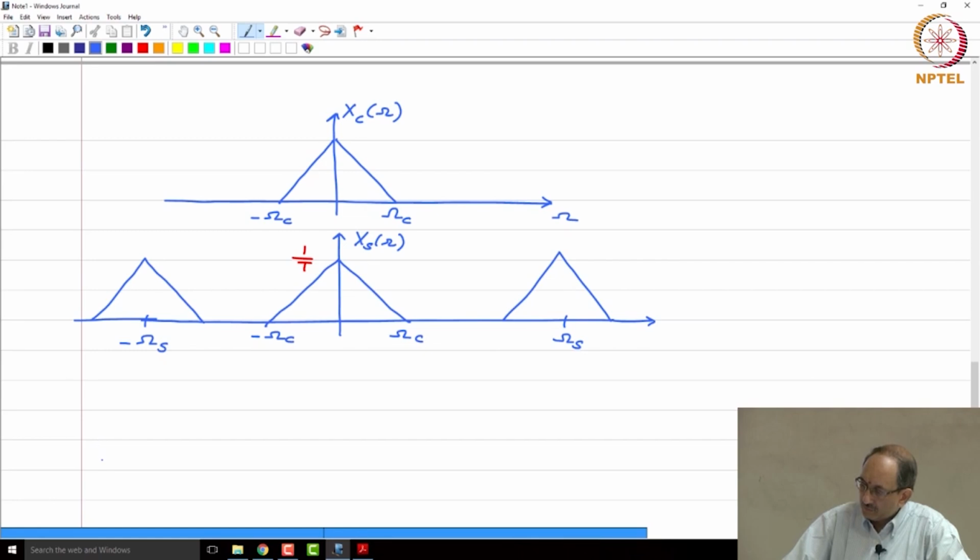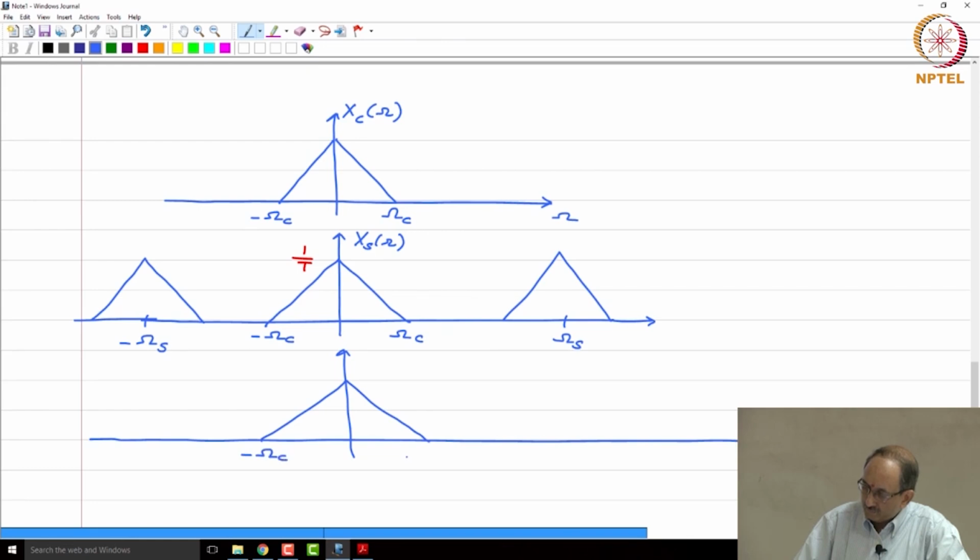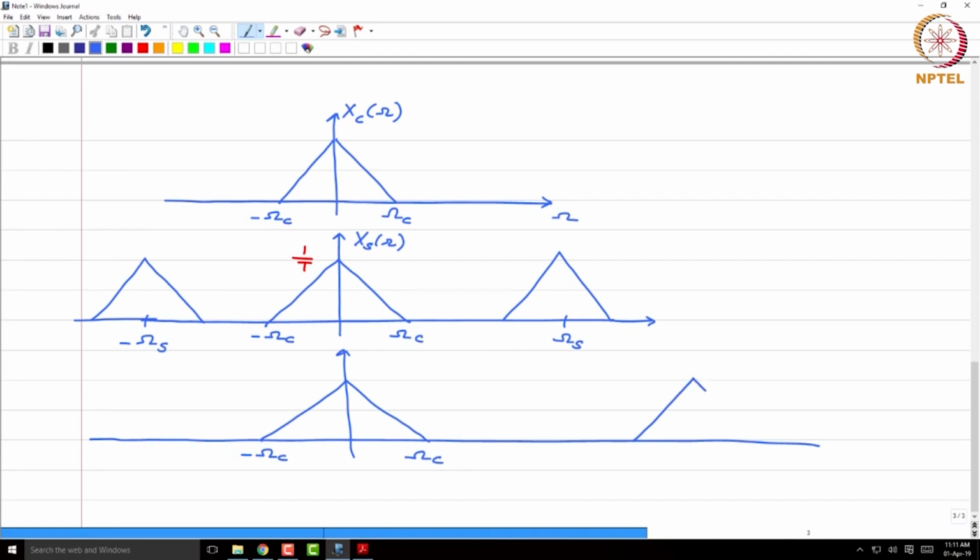And hence, if you now have another sampling frequency, and suppose this sampling frequency is omega s1, and omega s1 is larger than omega s, then the periodic repetition will occur later.